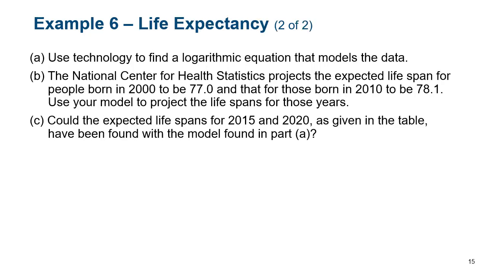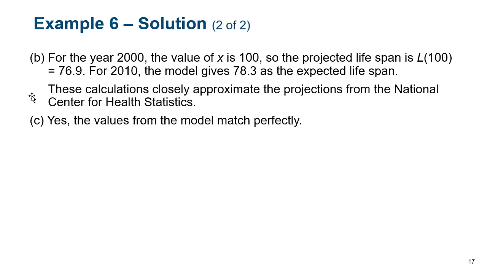You might not remember what their projections were, but it was 77 and 78.1. We get 76.9, pretty darn close to 77. 78.3, pretty darn close to 78.1. So we could say, yes, the values from the model don't match perfectly, but they match very closely.